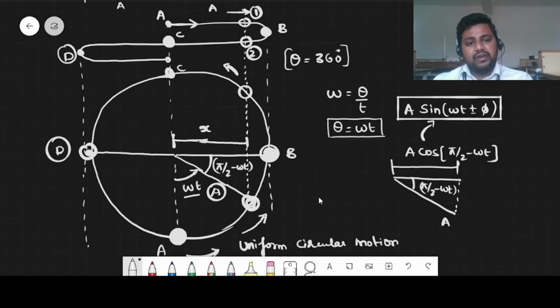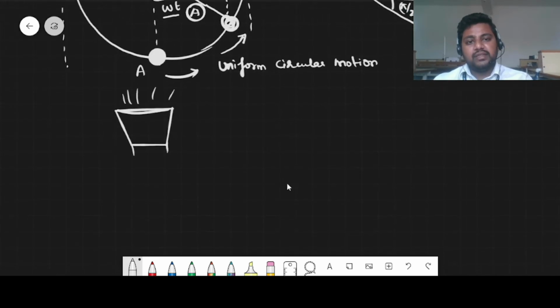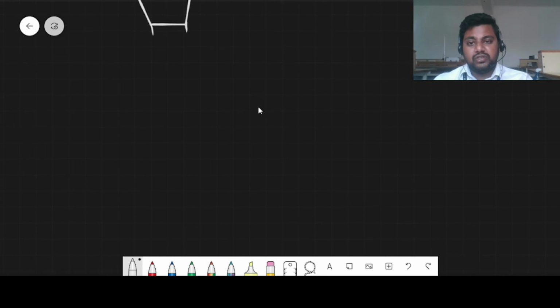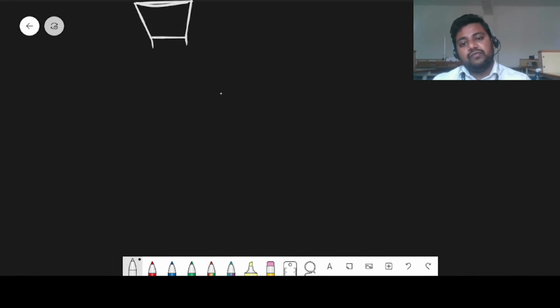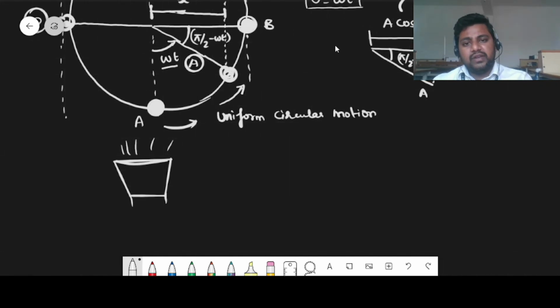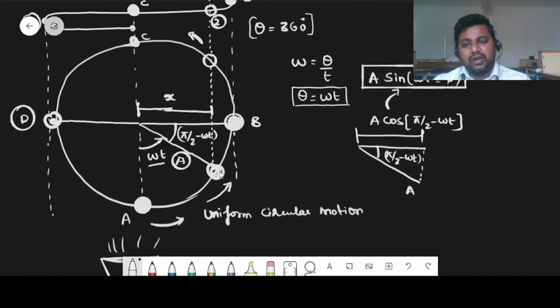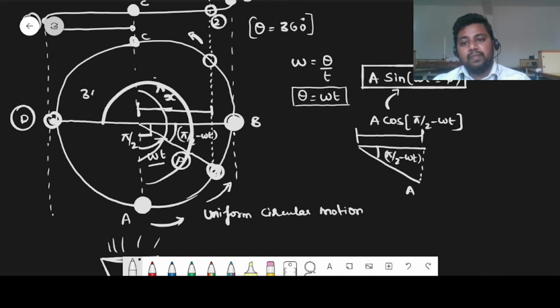Now further, if you are trying to analyze the equation of SHM, you can give the position in any way. If it is at maximum extreme, at location B, it would have covered the angle pi by 2. If it is at location C, it would have covered the angle pi. If it is at location D, it would have covered angle 3 pi by 2.